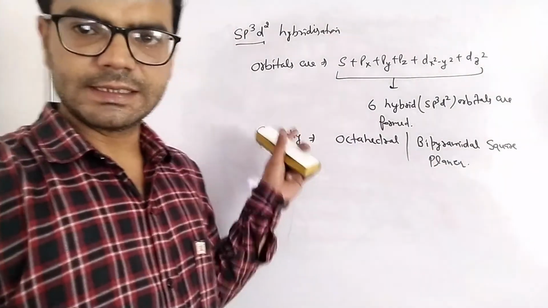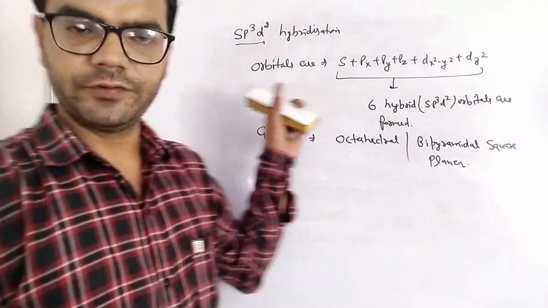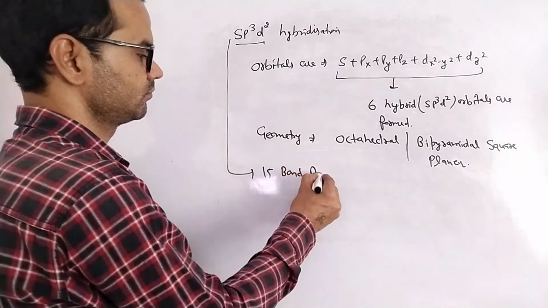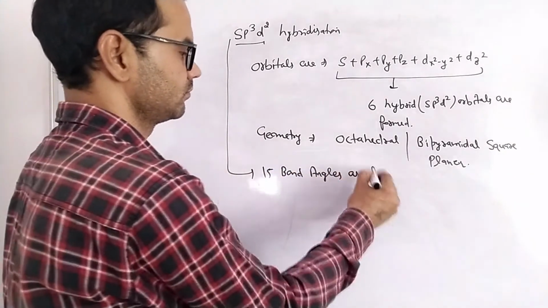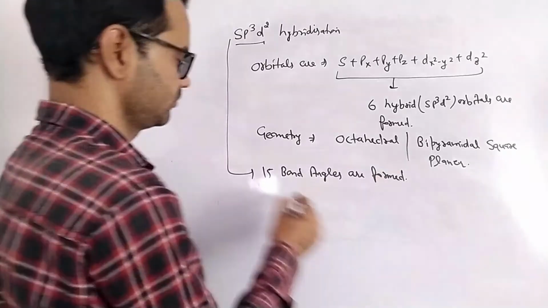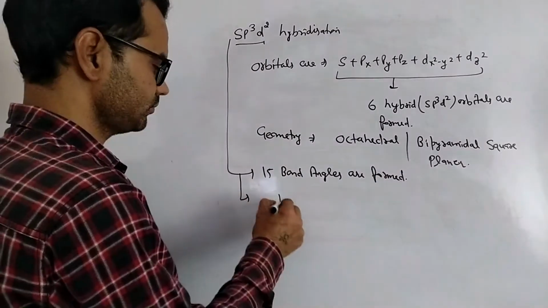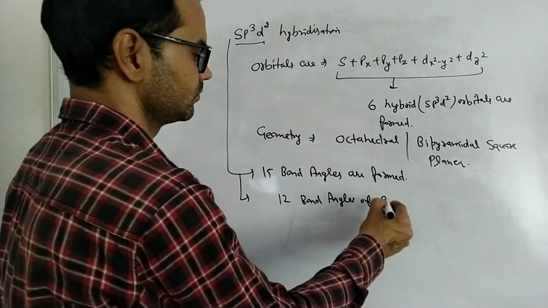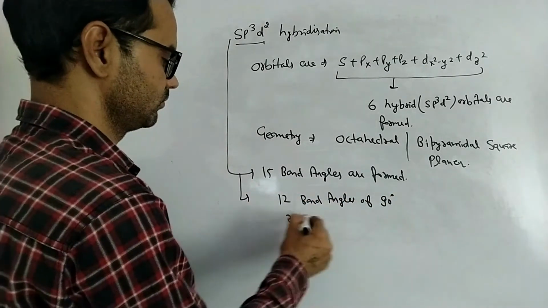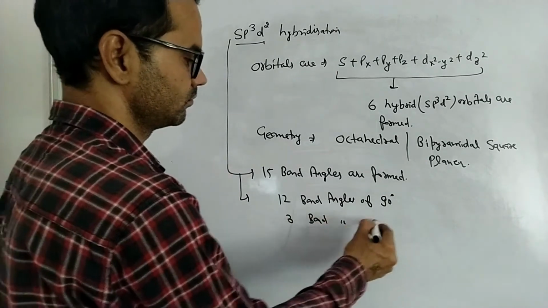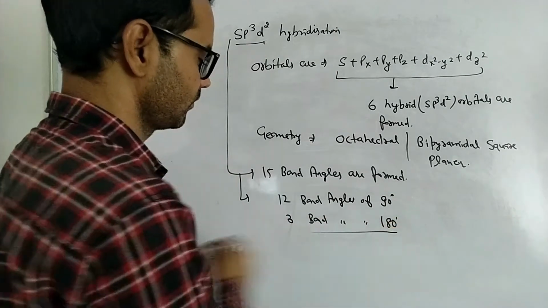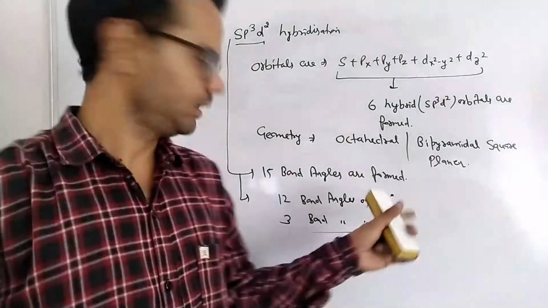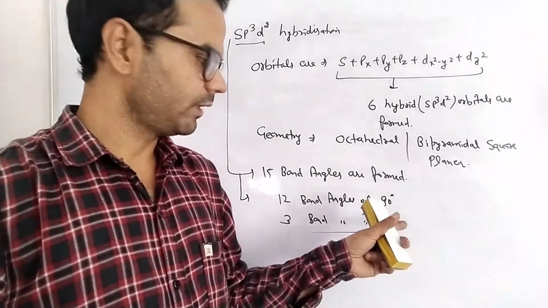Total number of bond angles in sp3d2 hybridization are 15: twelve bond angles of 90 degrees and 3 bond angles of 180 degrees.